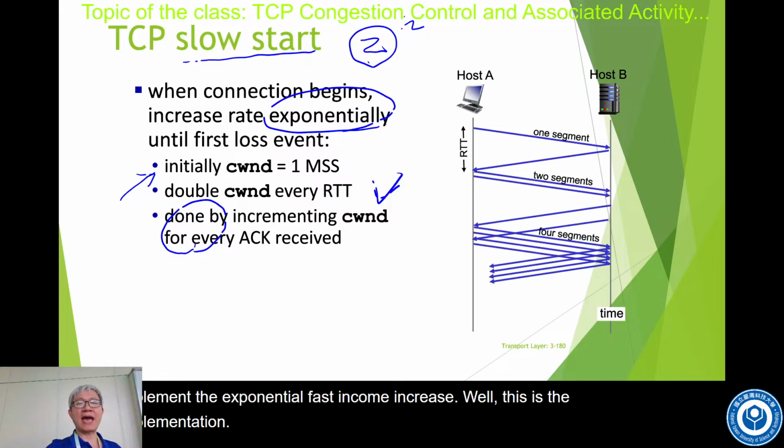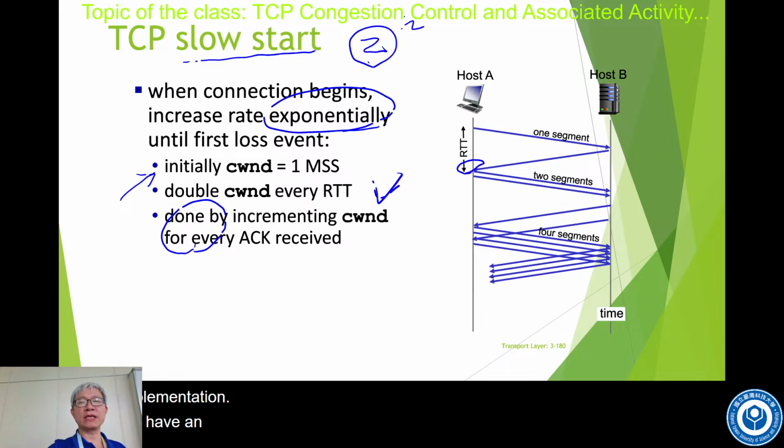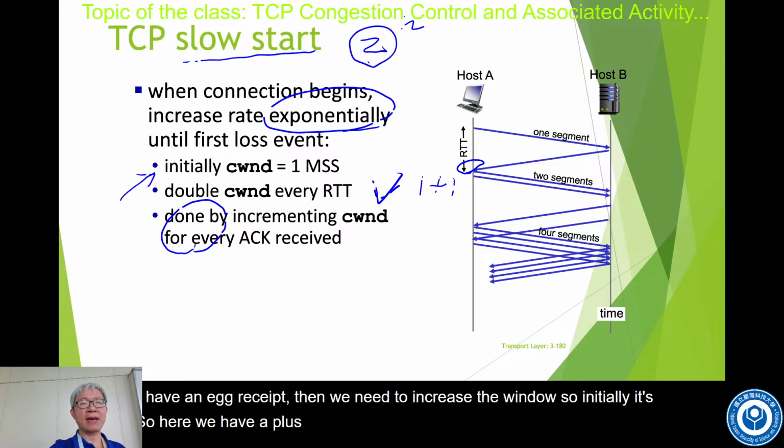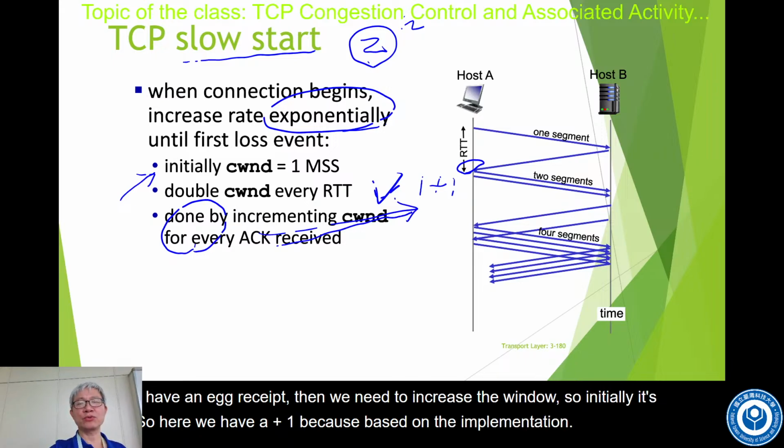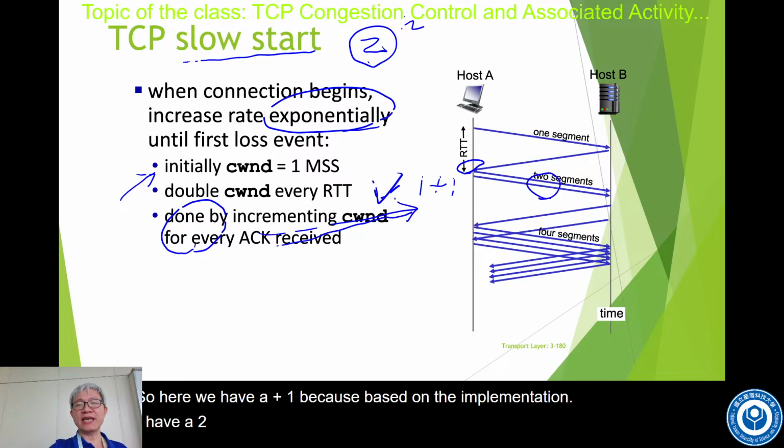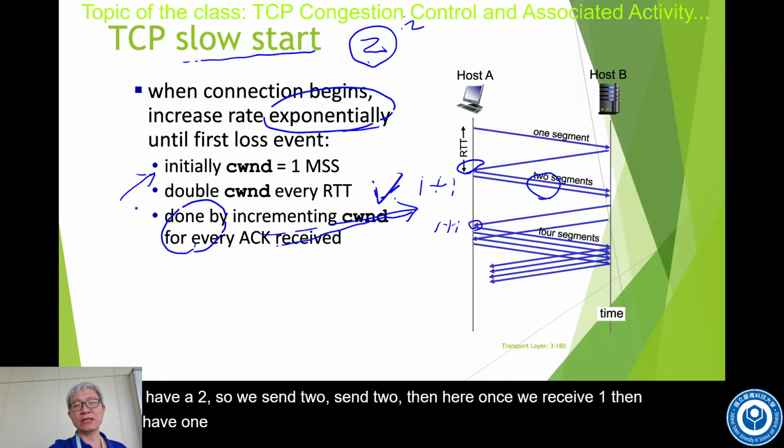We have an ACK received, then we need to increase the window. Initially it's 1, so here we have plus 1 based on the implementation. We have 2, so we send 2. Send 2, then once we receive 1, we have 1 plus 1, and the next one, 4.